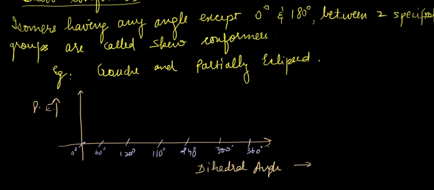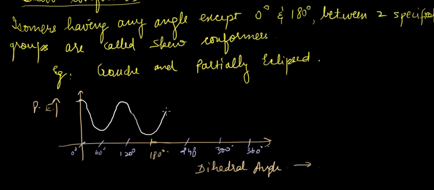So in that case you can say that the potential energy for 0 degree was the highest, and it was called fully eclipsed, and at 60 degree it was called gauche. It was called partially eclipsed at 120 degree. Let me redraw it again. At 180 degree it was called staggered, so it had the least potential energy.